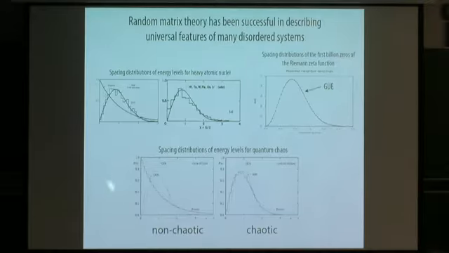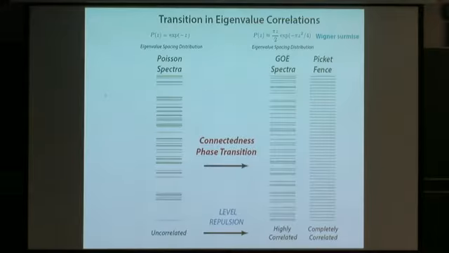This is also a quantum chaos problem, in other words, quantum versions of systems like billiards and so on that exhibit chaotic behavior. You see a transition in the eigenvalue spacing distributions.